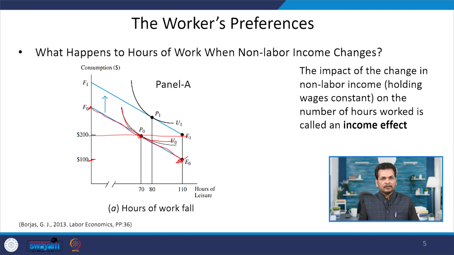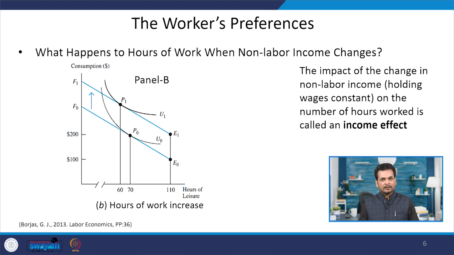Now, the worker has a new tangency point at P1 with utility function U1, which means the worker is consuming 80 hours of leisure and this level of consumption. So, consumption of both C and L increases with the increase in non-labor income from E0 to E1.